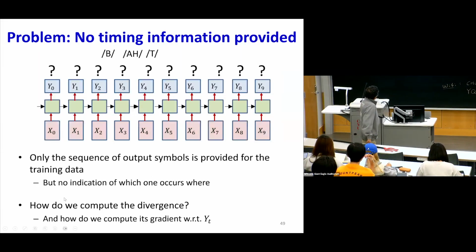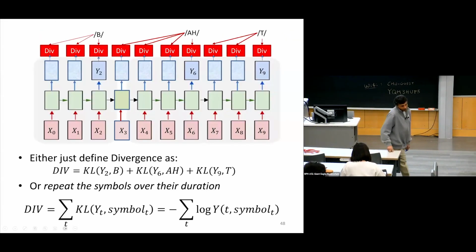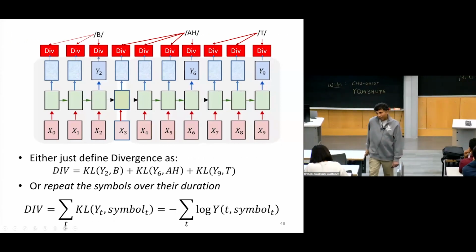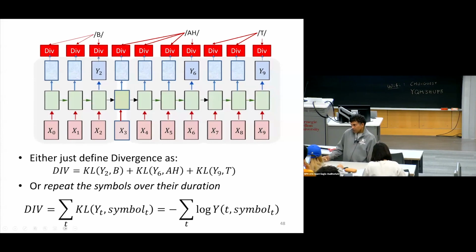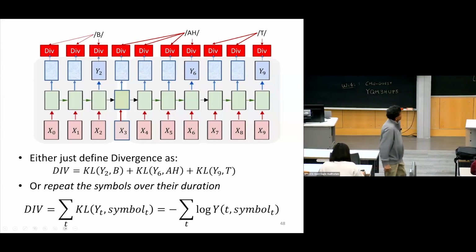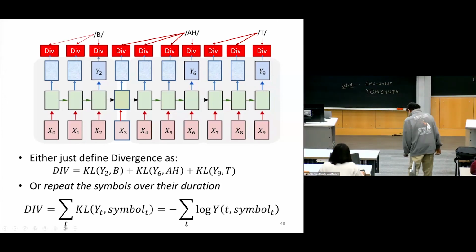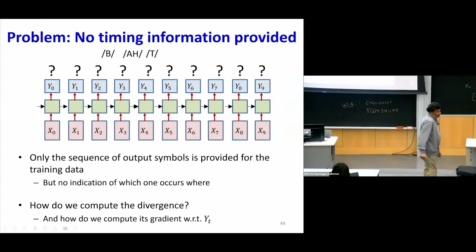So far so good. But now here's the other problem. If this oracle came by and actually gave you the times at which each of the symbols occurred, we know how to deal with it. What would we do if that information was not provided? So if you were not told exactly where the symbols happen.